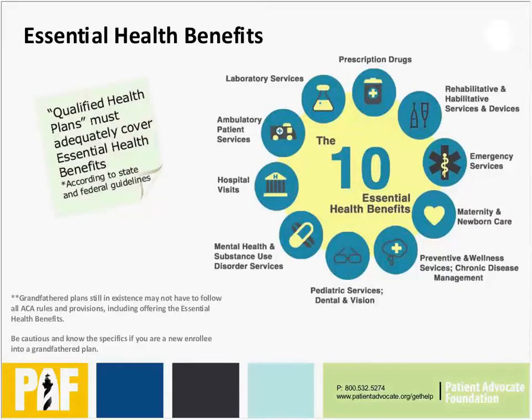So just mentioned the essential health benefits. These are really those benefits that the government and the legislation determined to be most vital to a policy, and they include coverage for prescription drugs, rehabilitative and habilitative services and devices, emergency services, maternity and newborn care, preventative and wellness services, including chronic disease management, services for children, dental and vision, mental health and substance abuse disorder services, hospital visits, lab services, ambulatory and patient services.